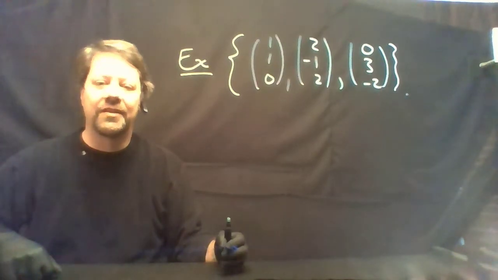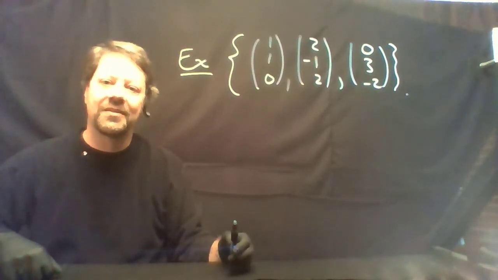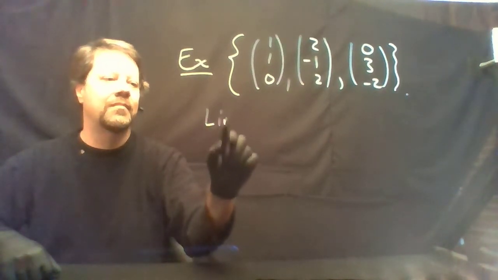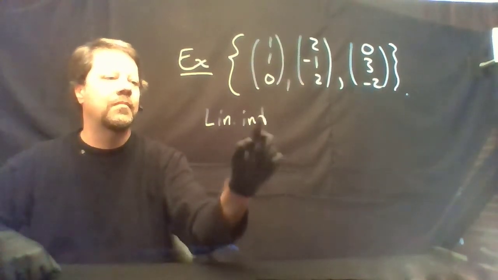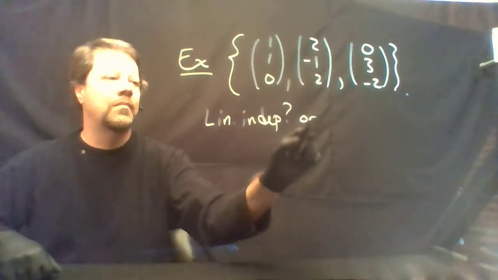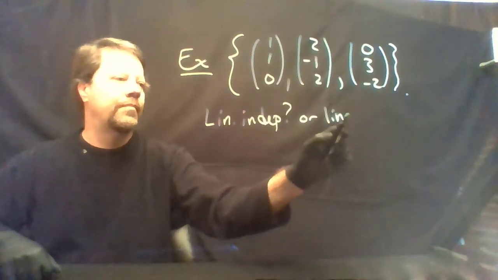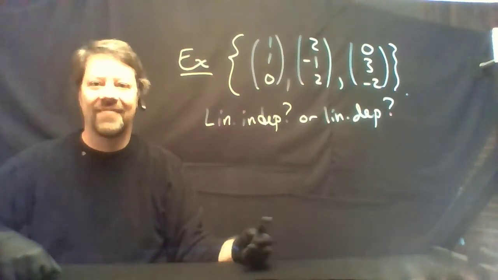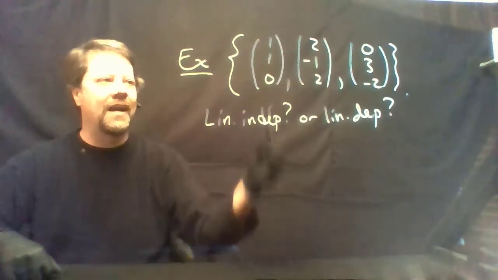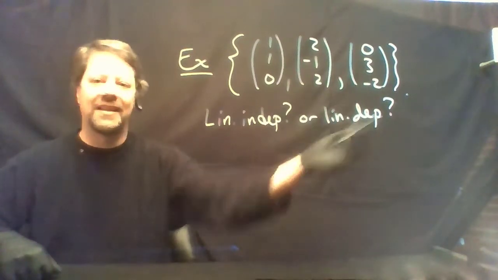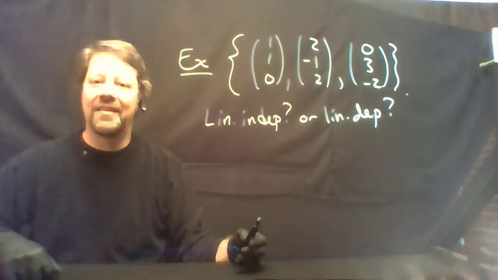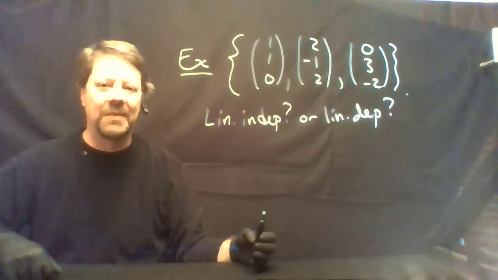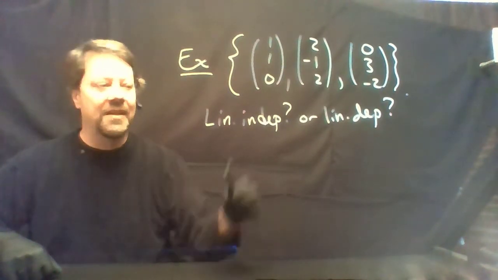Is this collection of vectors linearly independent or linearly dependent? Well, if you can find a linear combination of these that gives you the 0 vector, they're linearly dependent. Otherwise, they're linearly independent.